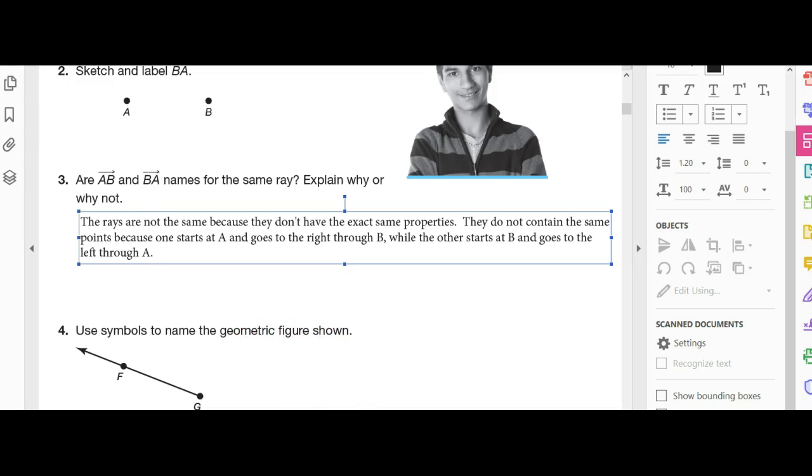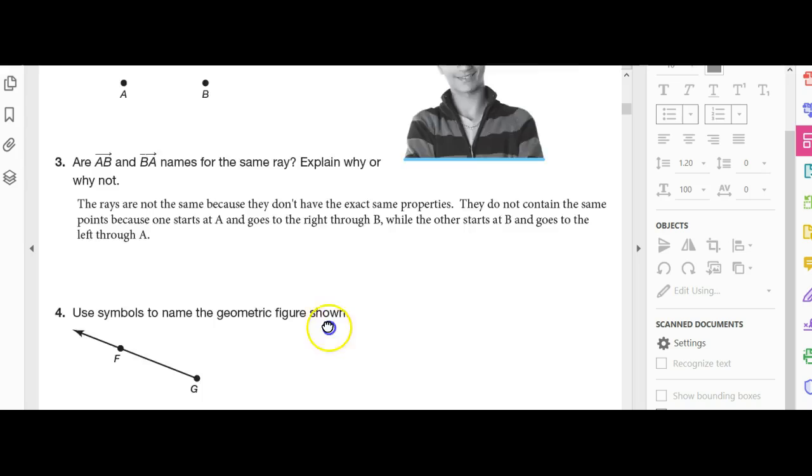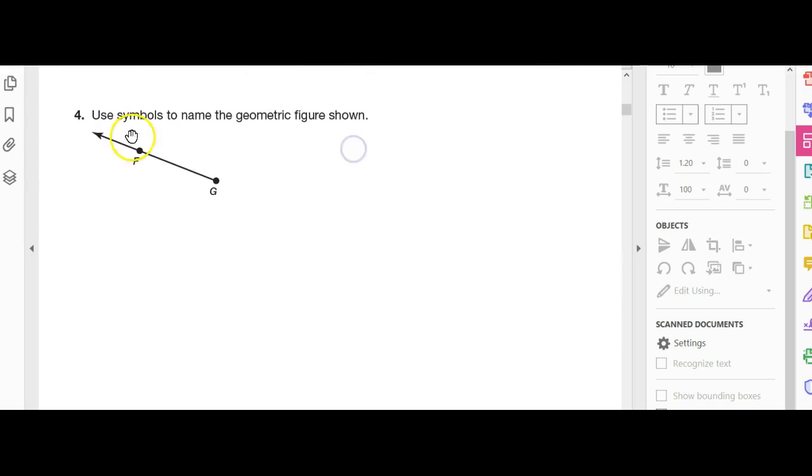Okay, now they want us to get some practice in here, naming geometric figures. So they want us to use symbols only to name this figure. We see that this is a figure that has an initial point.